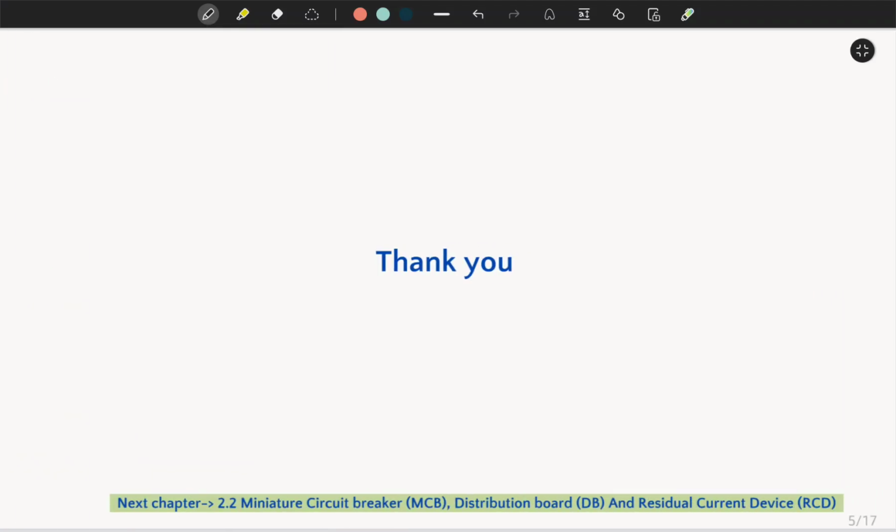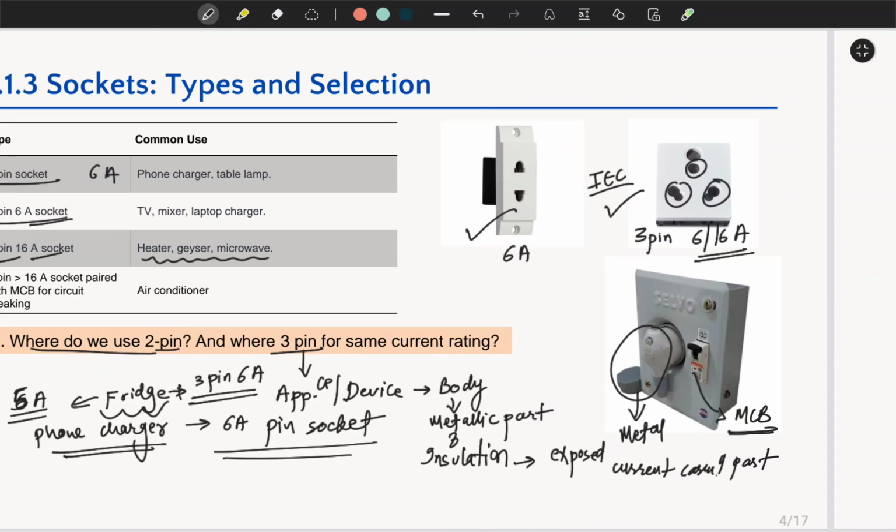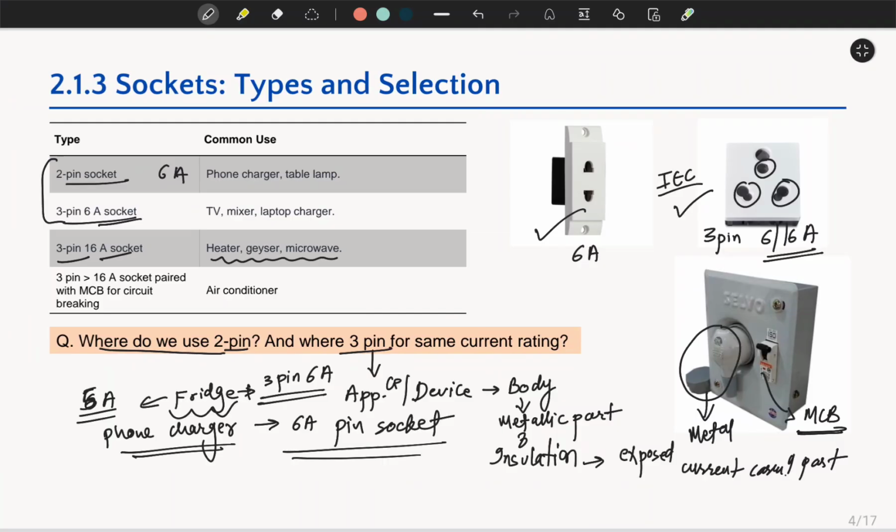Now, before completing this chapter, one more thing I would like to tell. These are generally based on the IEC standard. For the NEC standard, we will look at an introduction in the near future modules.